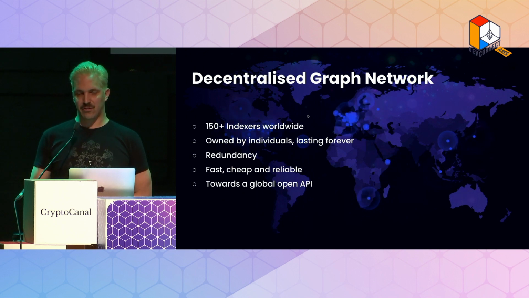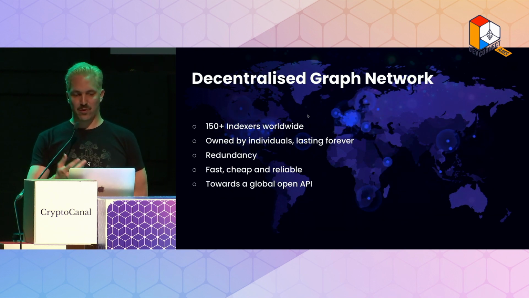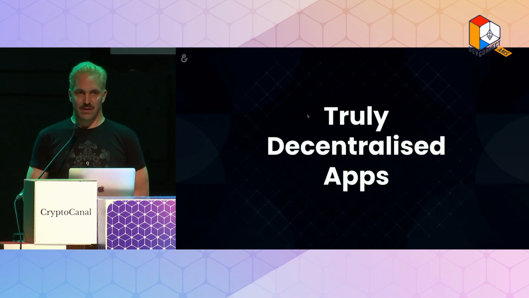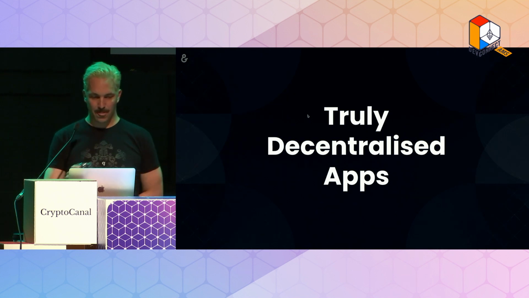So if one indexer has ridiculously high fees, at some point he will not serve any queries anymore. And the thing is, it goes towards a global open API where all data is indexed and is available at your fingertips, basically. And that, in the end, enables truly decentralized apps.